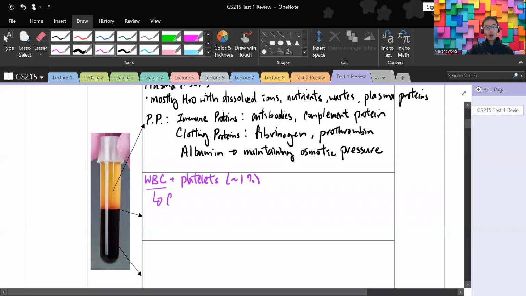And we learned a bunch of white cells, right? There are the granulocytes: neutrophil, eosinophil, basophil, and then there's also mast cells, which are related to basophils. And the other category is agranulocytes.